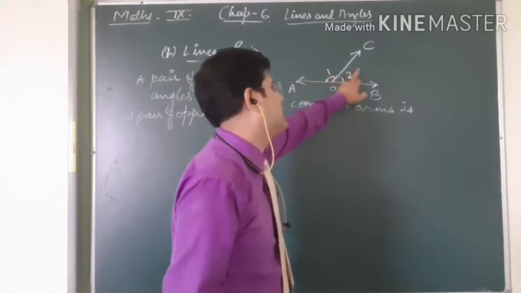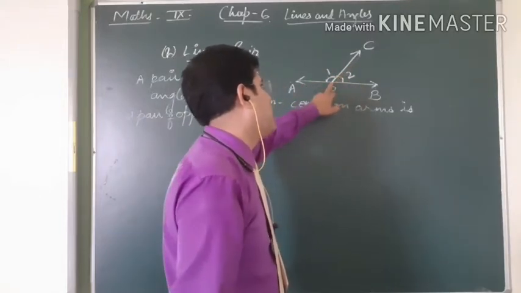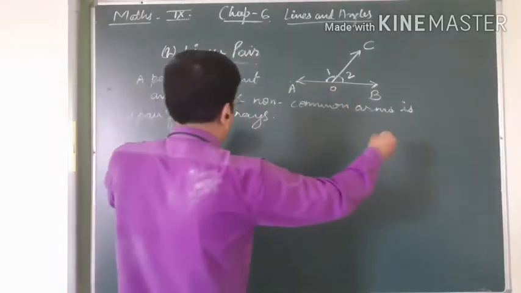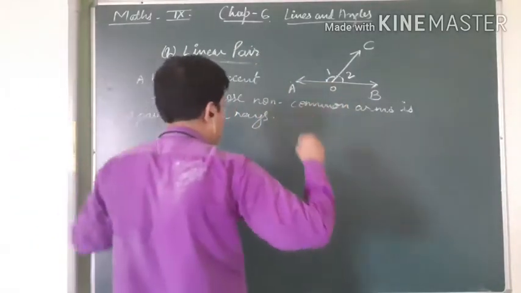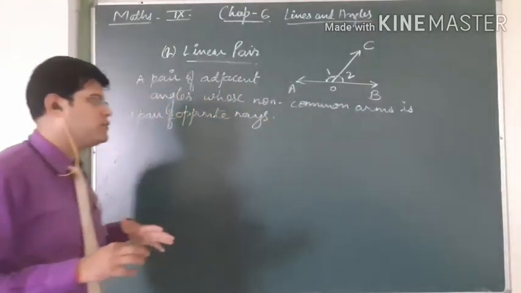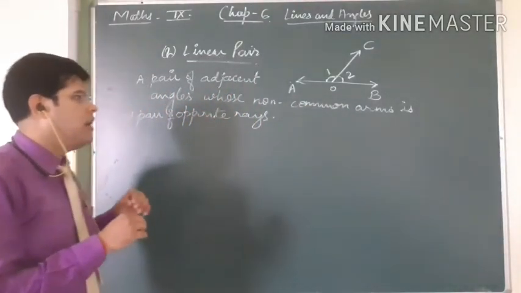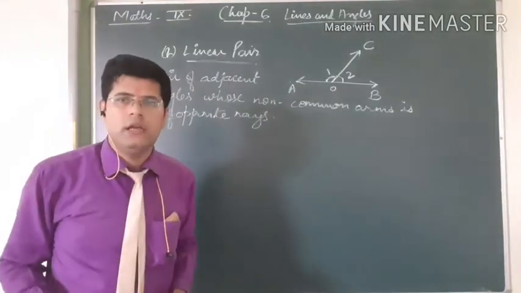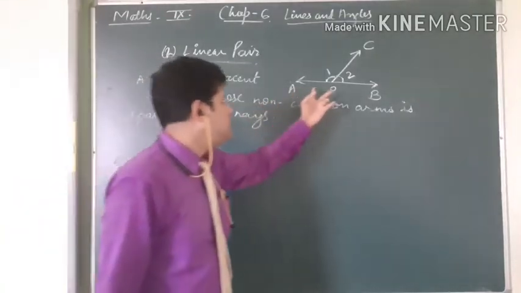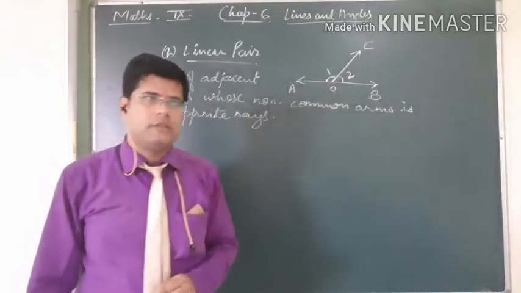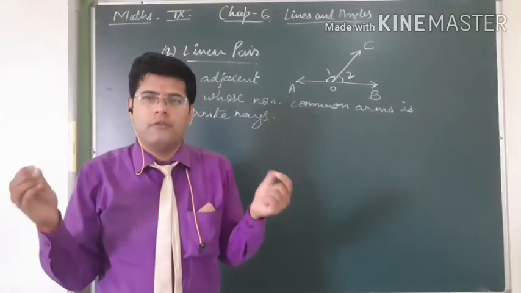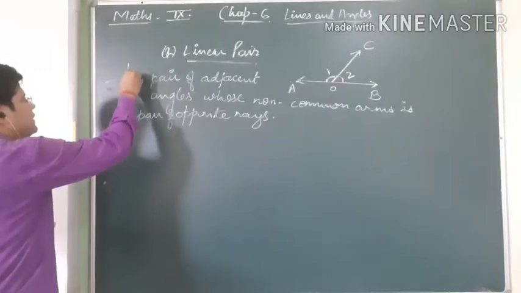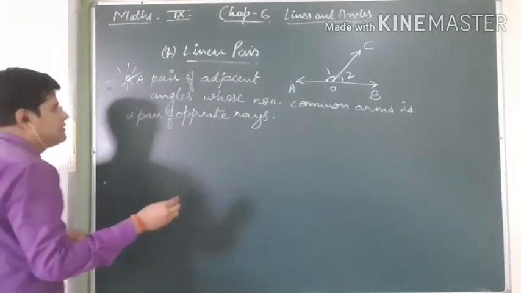What does that mean? If you take an adjacent pair, this one is angle 1 and this one is angle 2. OC is the common arm, O is the common vertex, but the non-common arms are opposite rays. It means one is going north and the other is going south. If you take these two non-common arms as opposite rays, opposite rays always fall on 180 degrees. This is the real definition given in several books.